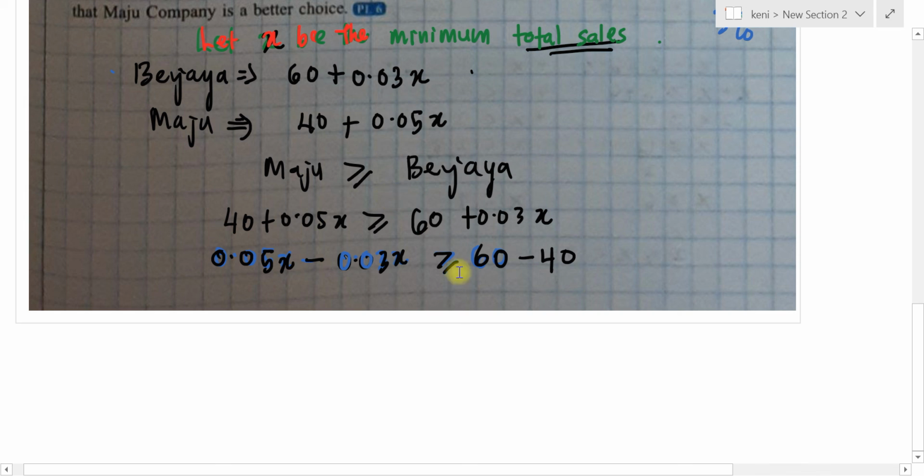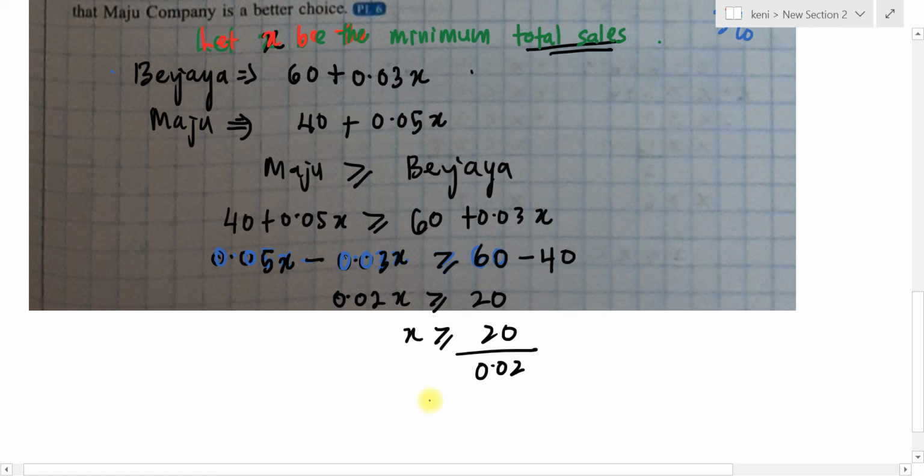When we solve this, 0.02x is greater than or equal to 20, so x must be greater than or equal to 20 divided by 0.02, which is 1000.